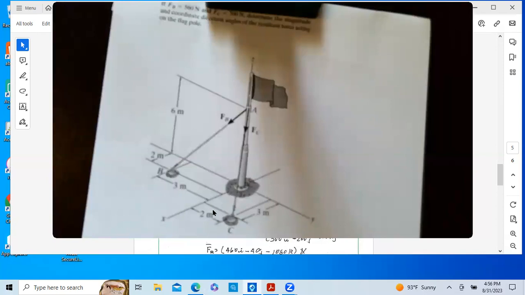These dimension lines are parallel to the y-axis, and this one dimension here is parallel to the z-axis. So if you just keep that in mind, you should get these actually relatively easy. Okay, as you go through this. So that's the problem we're going to take a look at.